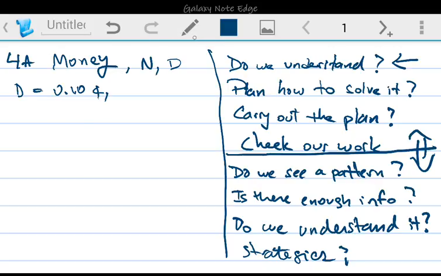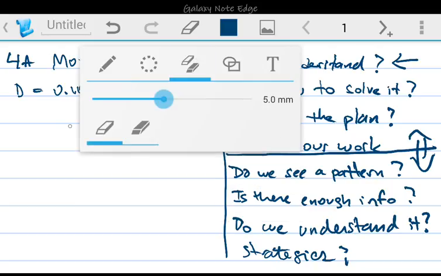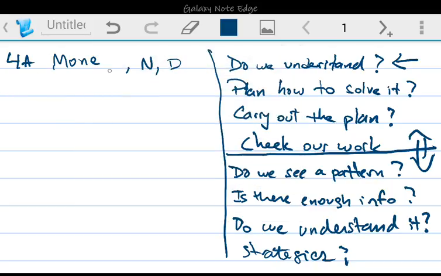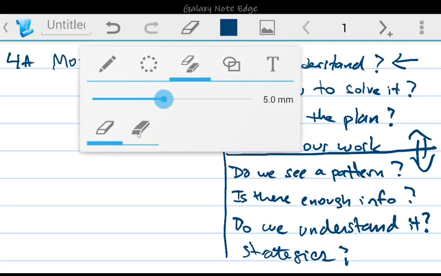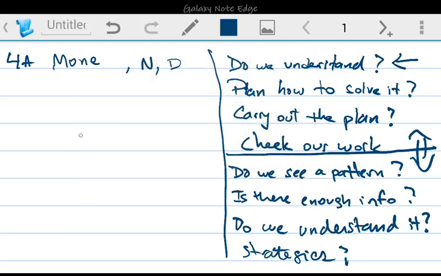We know that one dime is 10 cents, and we know that one nickel is 5 cents. Now we also know that the total amount of money is $1.40.